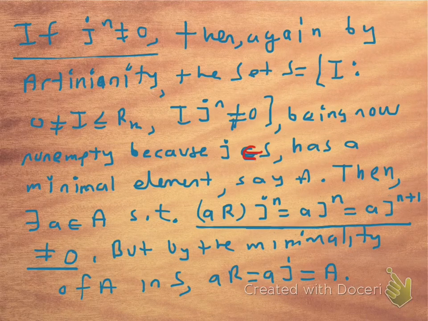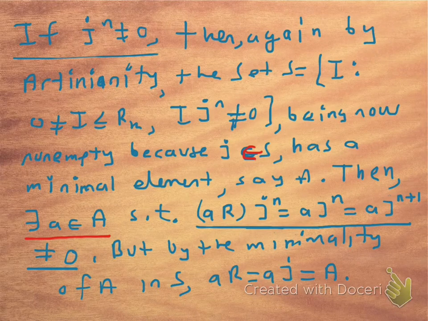What this means is that A times J^n is non-zero. And that in turn means that there's an element a of A such that this equality holds.